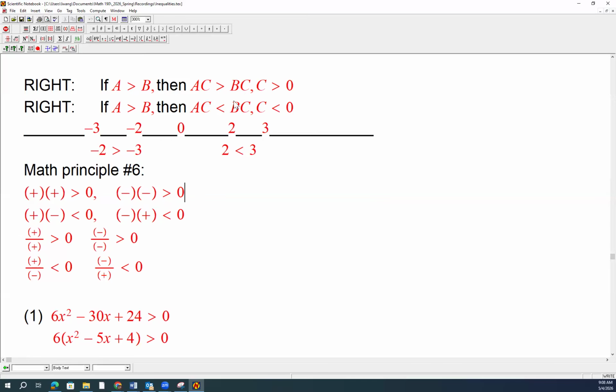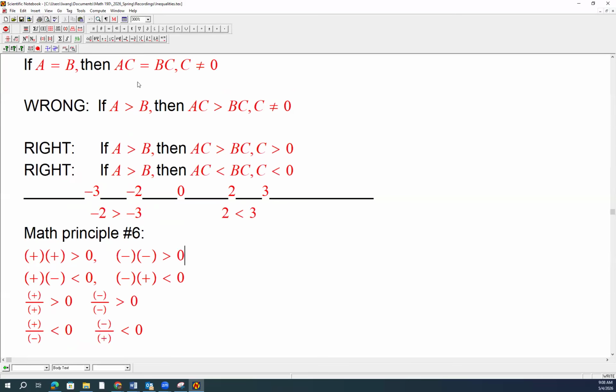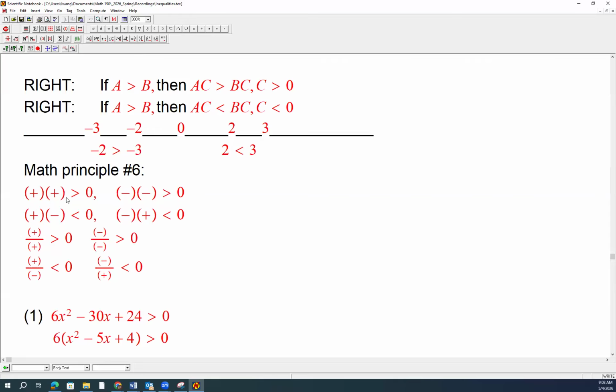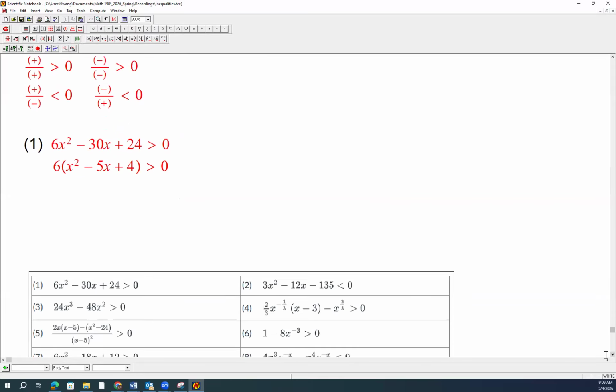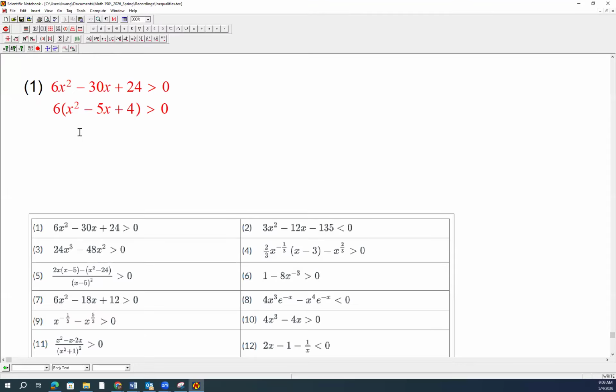All this multiplication and division involves factors. So that's why factoring is so important. For those of you who are in a calculus class, you can see that factoring is omnipresent. It's everywhere, needed.